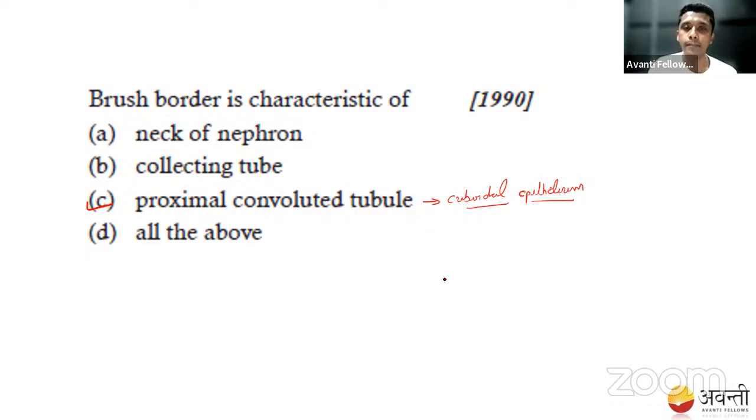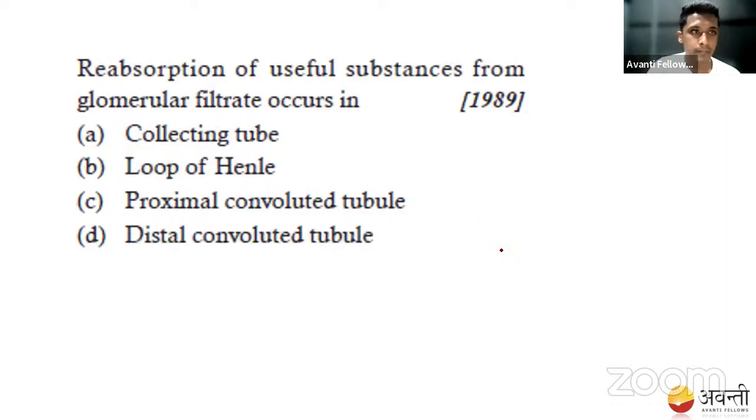The proximal convoluted tubule has mucosal modifications where the cells have projections of microvilli. These microvilli increase the rate of absorption, which enables the proximal convoluted tubule to absorb all the essential products from the filtrate formed from the lumen of the Bowman's capsule. It helps in absorption of important substances like glucose, electrolytes, as well as water. So our option is C.